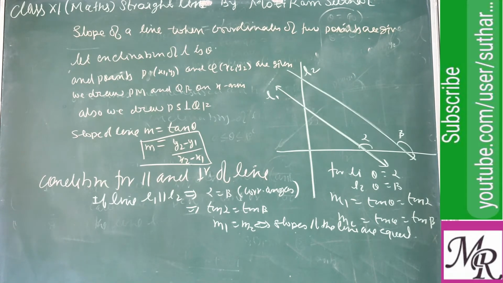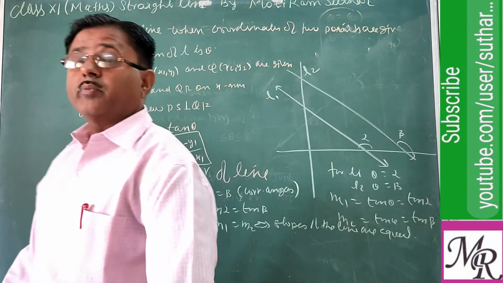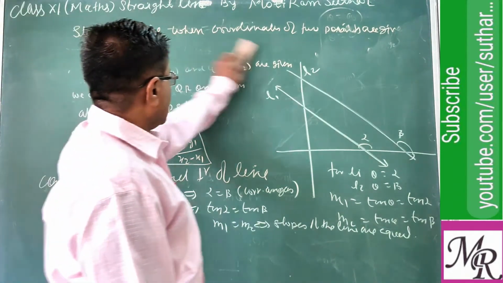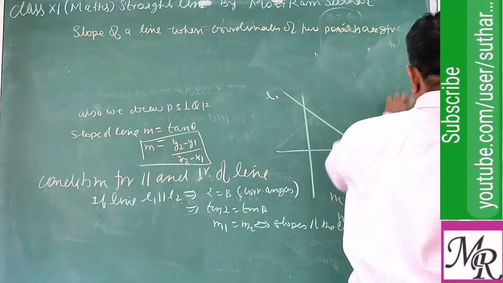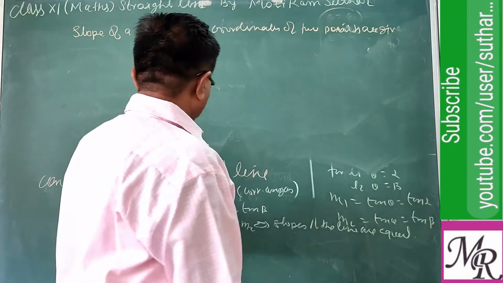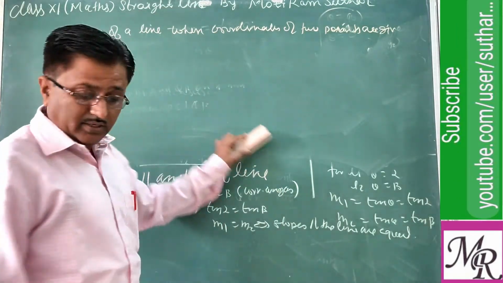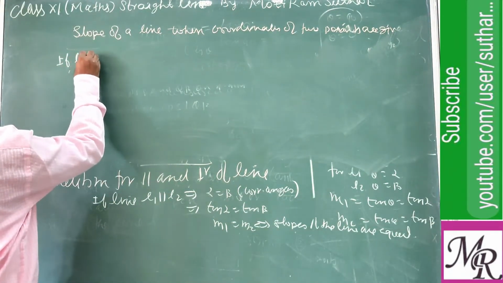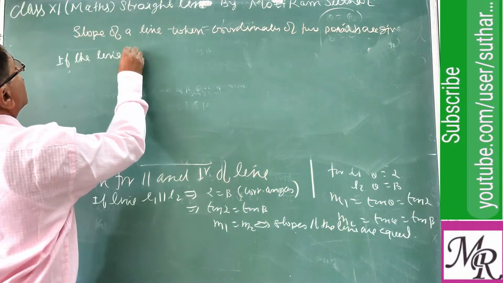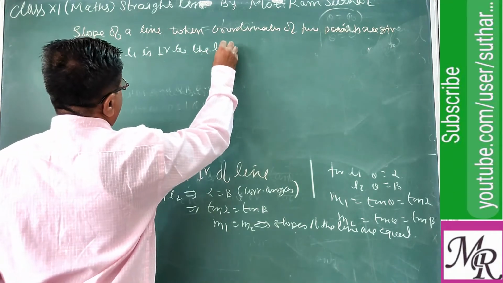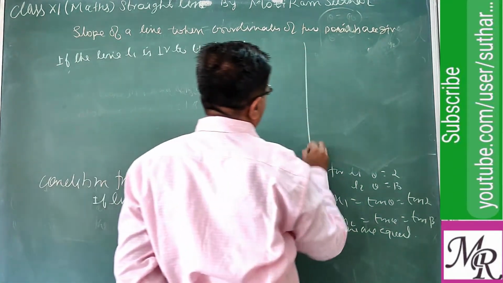Next we see the perpendicular condition. This was for parallel. Now if two lines are perpendicular, then what will be the condition in terms of slope? Suppose the line L1 is perpendicular to the line L2.